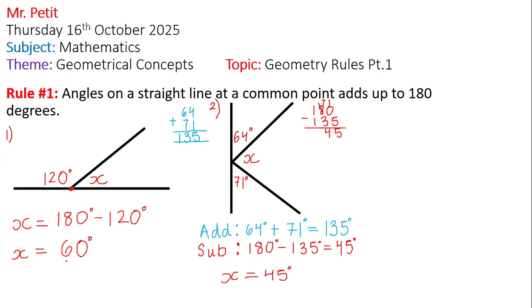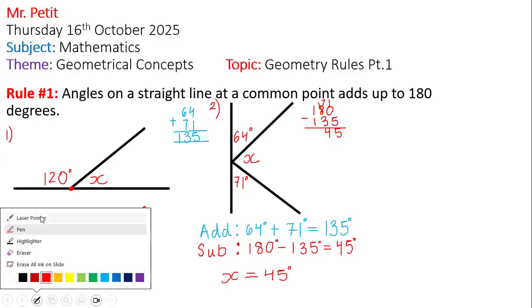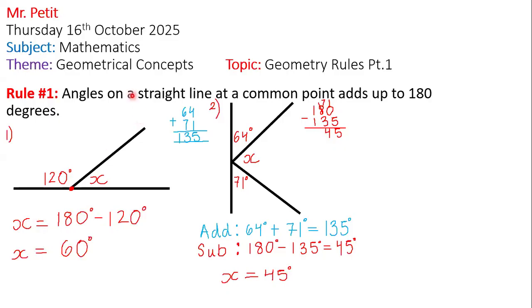All right. So quick recap on what we did. We know the rule. It says that angles on a straight line at a common point add up to 180 degrees. We are on a straight line, at a common point. This is 64. This is 71. This is X. Since the whole thing must add up to 180 degrees, we say 64 plus 71, we add them together.